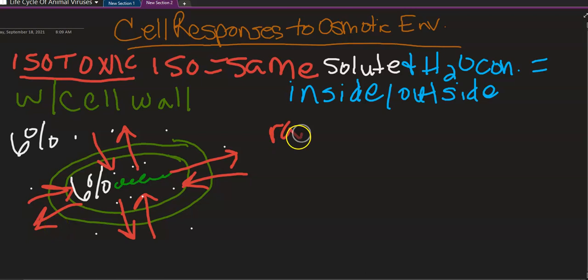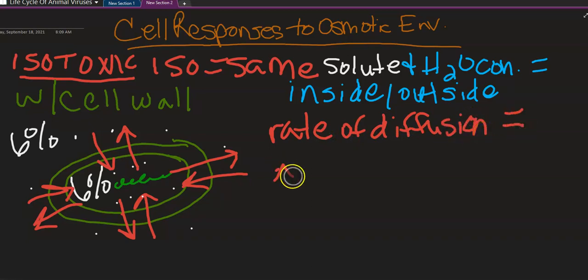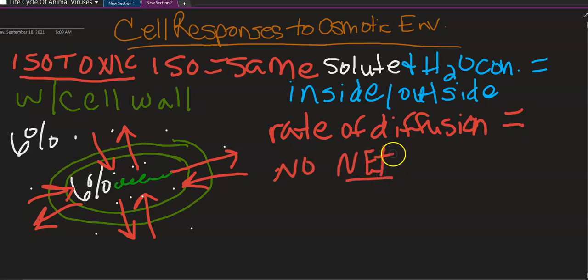So the rate of diffusion, which osmosis is diffusion of water, is going to again be equal. So there is no net flow. Water still moves in and out, but at an equal rate. These arrows are indicating the water movement, the rate of diffusion.